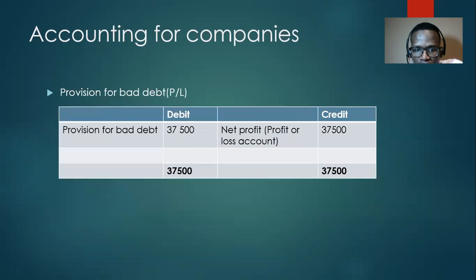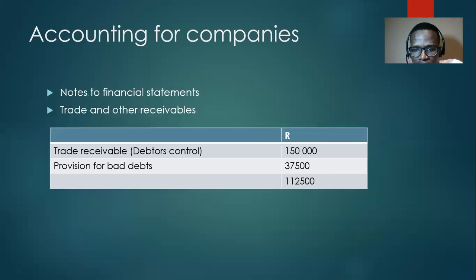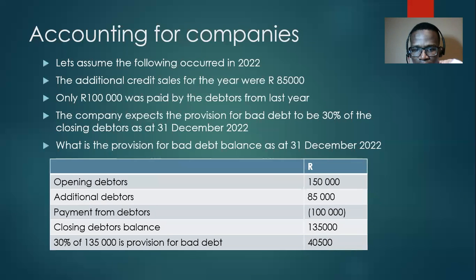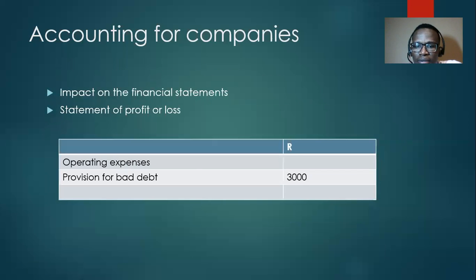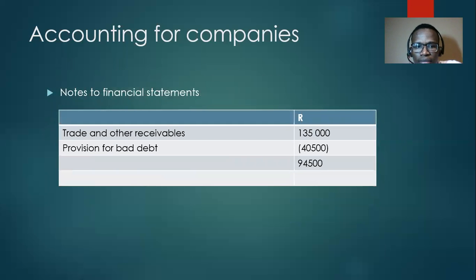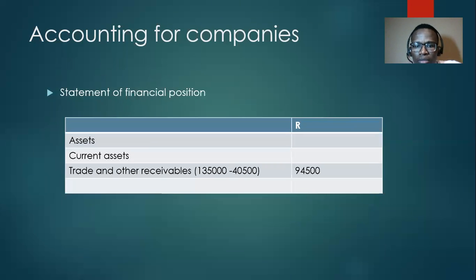Yes, it comes here. We say opening balance plus additional debtors minus the payments, 135,000, right? 135,000 minus 40,500. We say 40,500 is 30% of 135,000. Then the net debtors is going to be 94,500.